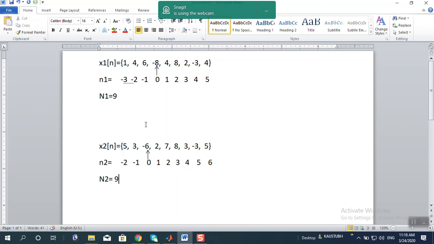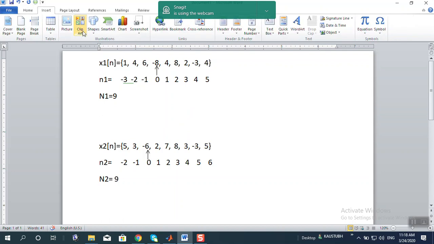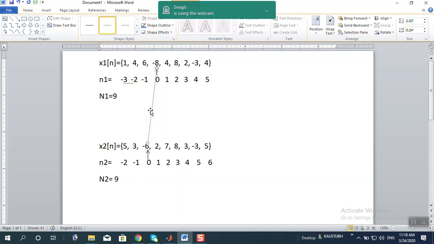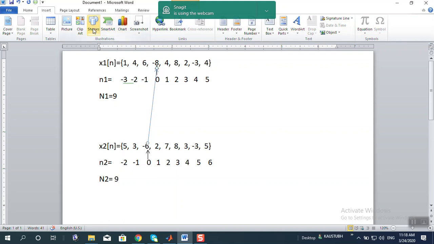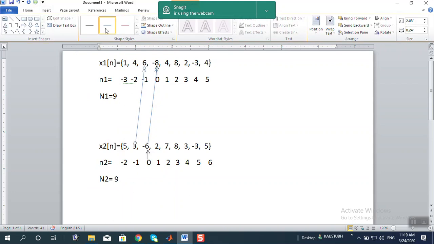Now while adding, subtracting or multiplying x1 and x2, as I mentioned, the first thing is that the corresponding values get operated on. So this 6 will be added, multiplied or subtracted with this 8 only, because this is the corresponding time. Similarly, this -3 will be added or subtracted with this 6, that is at the -1 value.